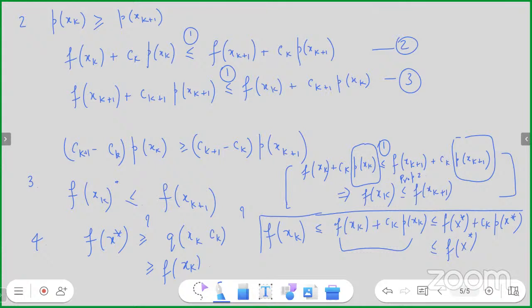What are you trying to show? That the limit point is x star. That's too much to ask for, there can be multiple points. What you should be asking is, is my limit point feasible? That's the first thing you should ask yourself. And then you'll worry about what is the function value at that limit point.